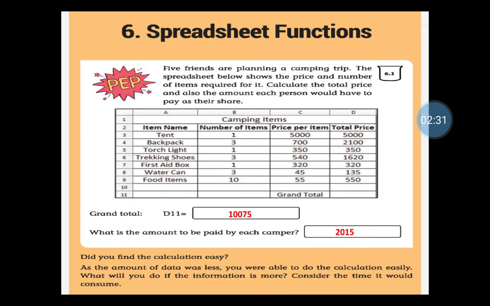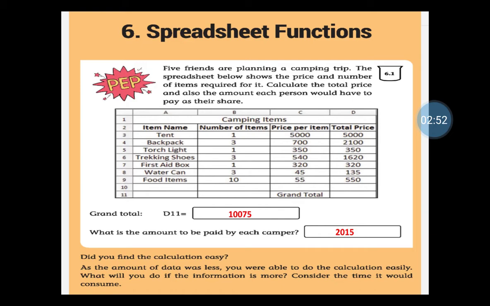So each person, how much they have to pay, you have to do that calculation. How will you find out? By dividing the total amount by 5. That is the calculation you have to do.